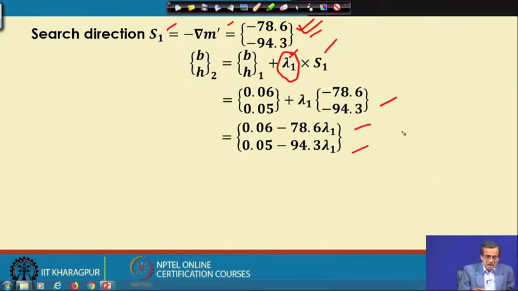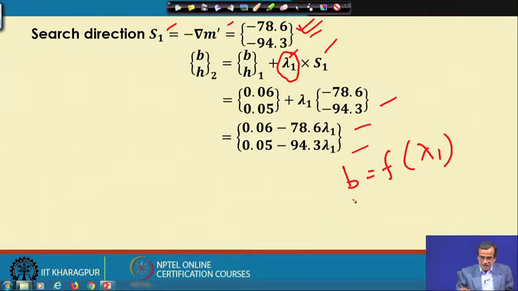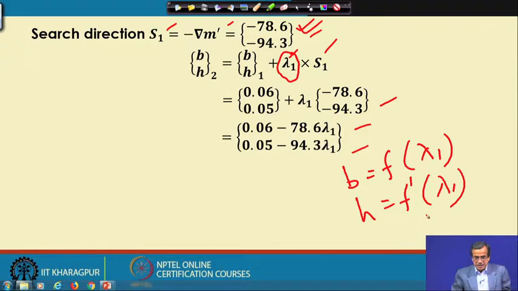Now, you see that both B and H are functions of only one variable, that is lambda 1. So, B is a function of lambda 1, and H is another function of lambda 1.